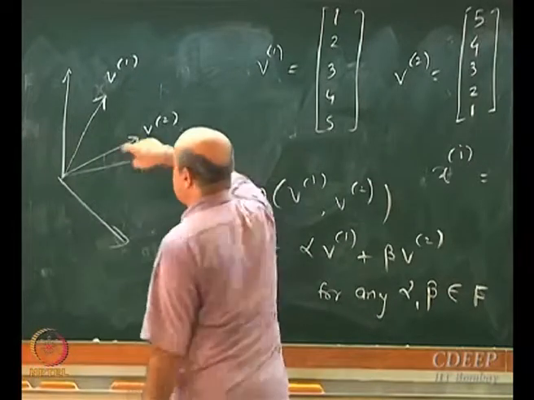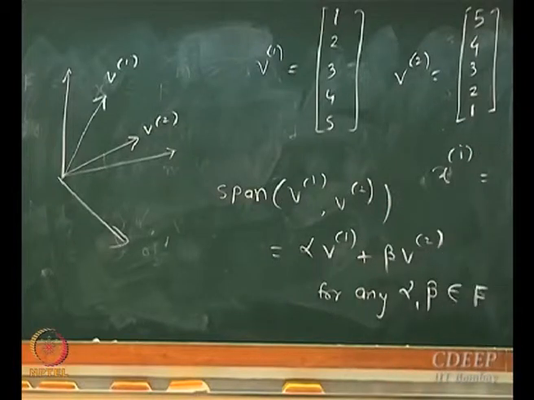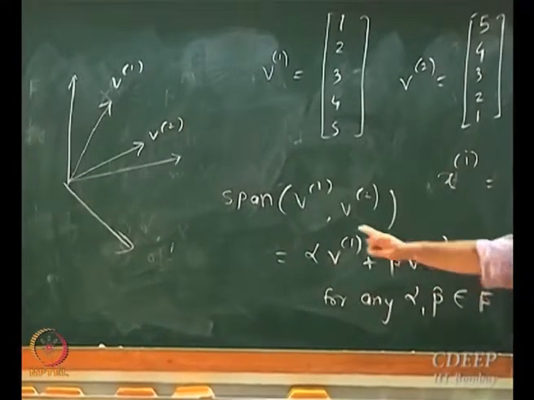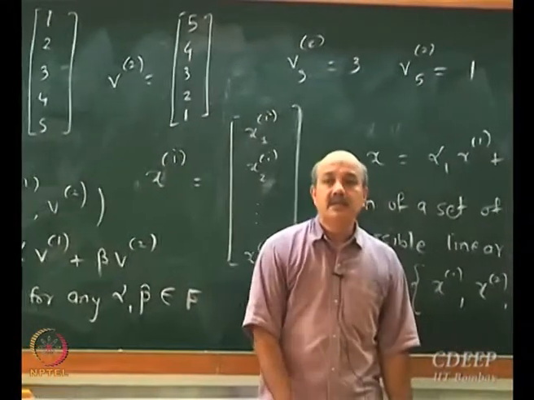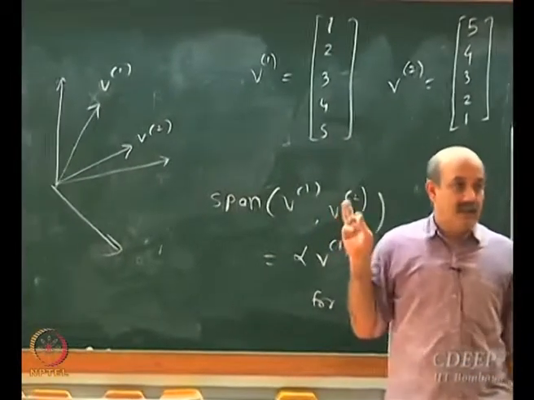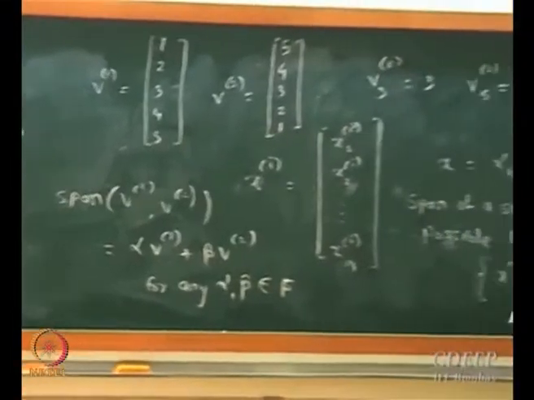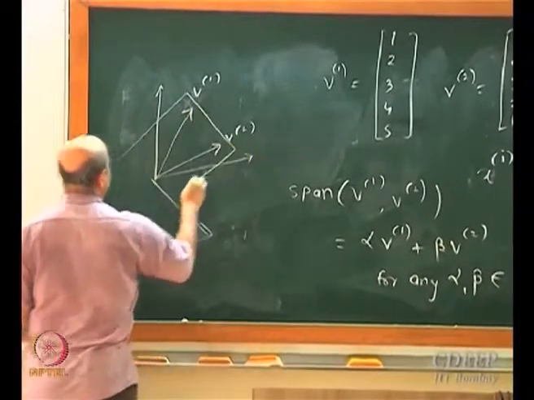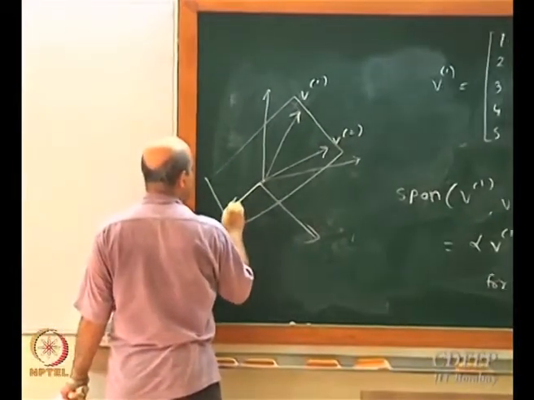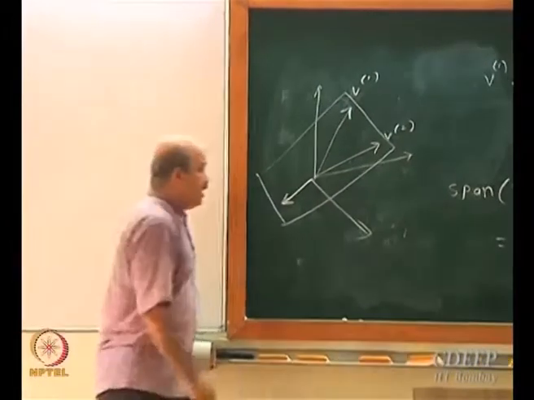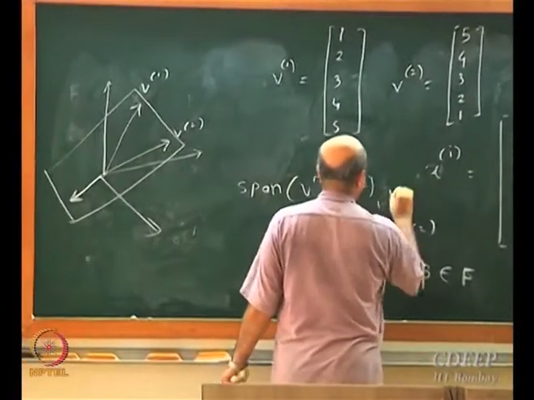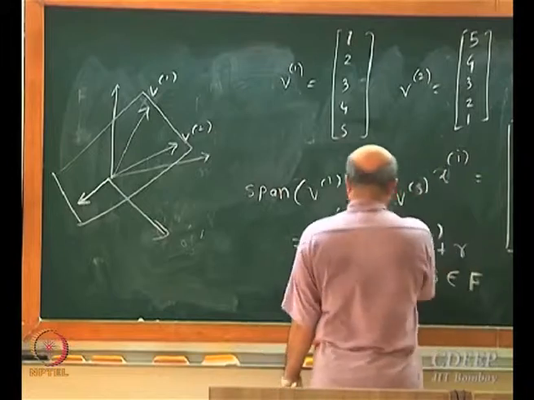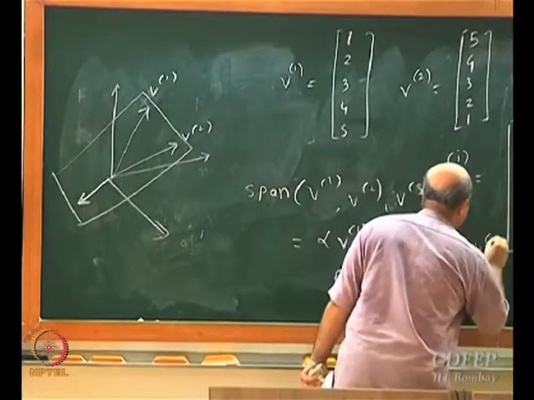Because of 2 linearly independent vectors, well, we have to define what is linear independence. So for 2 linearly independent vectors, if I take all possible linear combinations, then what I get is the span, and the span is nothing but, well, let's say that this is a subspace. If I give you a third vector in the same subspace, which is v3, what will be alpha v1 plus beta v2 plus gamma v3?